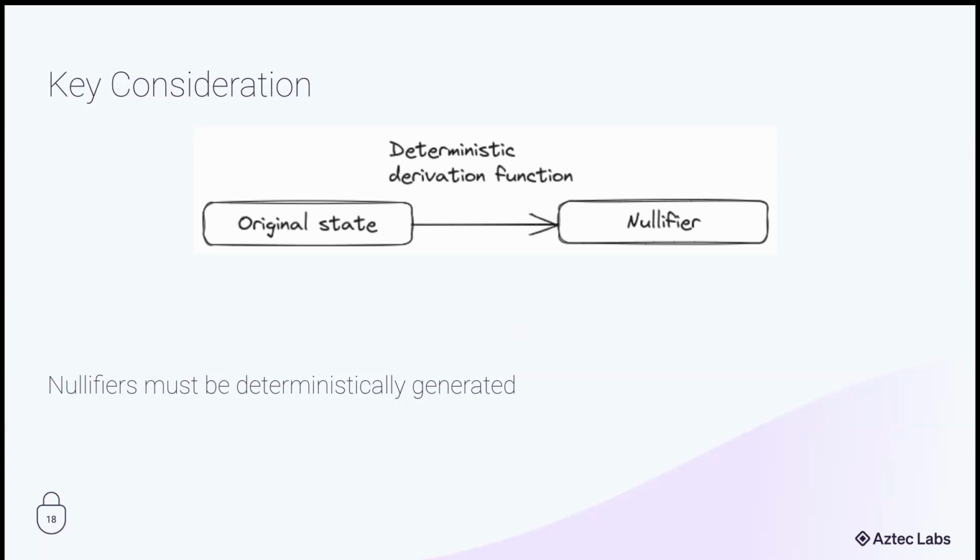So you need some way to deterministically compute it. Often, as part of the original state, when you're inserting these data blobs into the commitment tree, you have some secret in there that you are using to compute the nullifier. So if you try to use it again, you will hit the same nullifier.